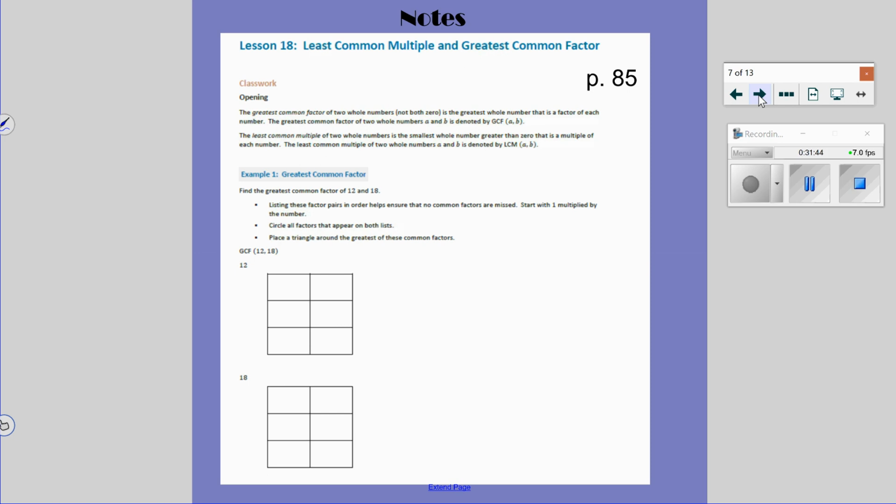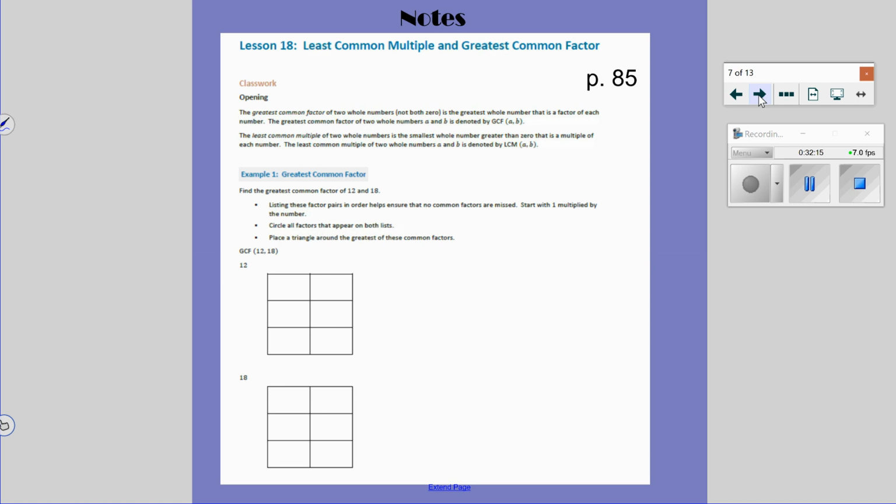Which is going to give me a larger answer if I'm comparing two sets of numbers? Will my answer be larger for the greatest common factor or the least common multiple? Which one is larger, the greatest common factor or the least common multiple?